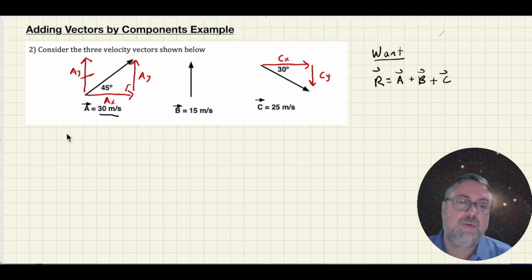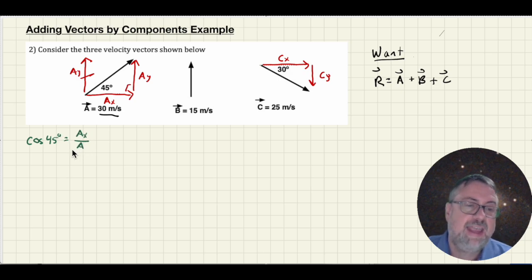So let's start with vector A. Ax is adjacent to the angle. So I note that cosine 45 degrees will be equal to Ax divided by A, or that Ax is going to be equal to 30 times cosine of 45.